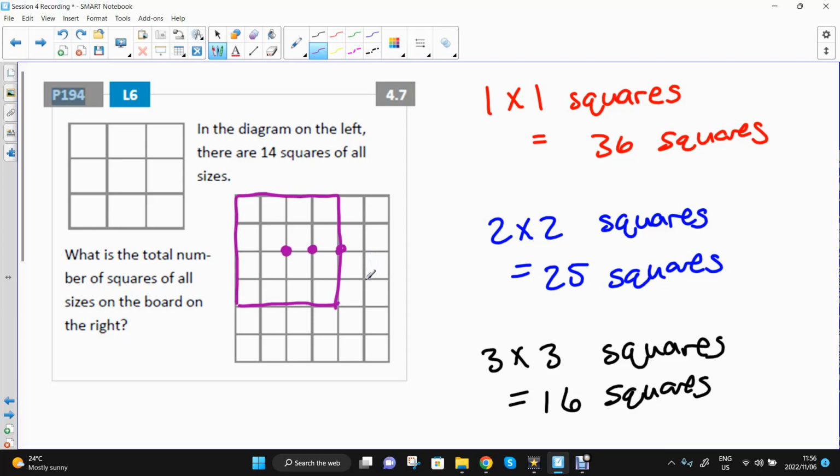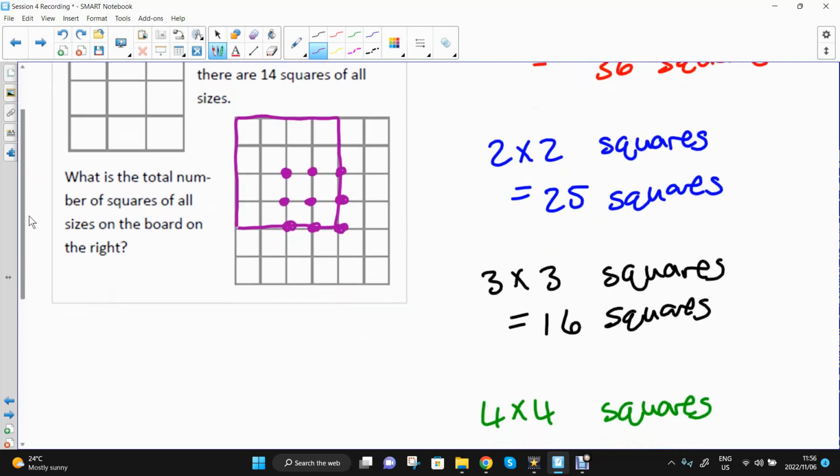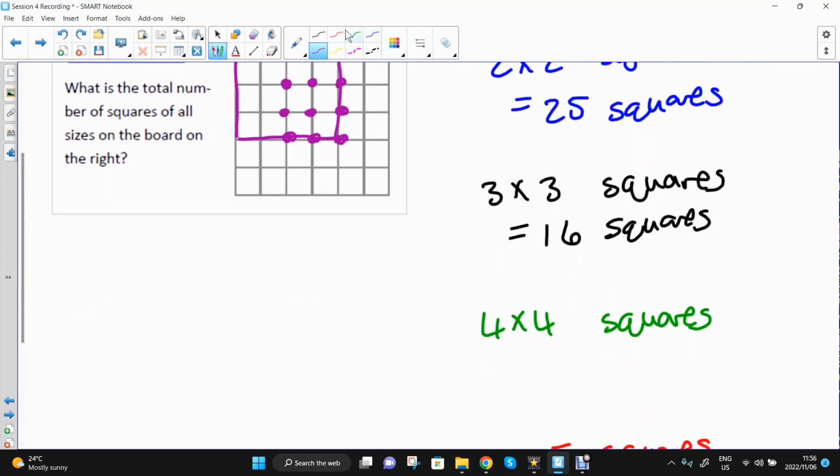And I think that's about it. Then we'll have one there, one there, one there. There, there, there. And that's it. If we move a center there, it's not going to fit in. So that's 3 by 3, which is going to give me 9. So here we get 9 4 by 4 squares.